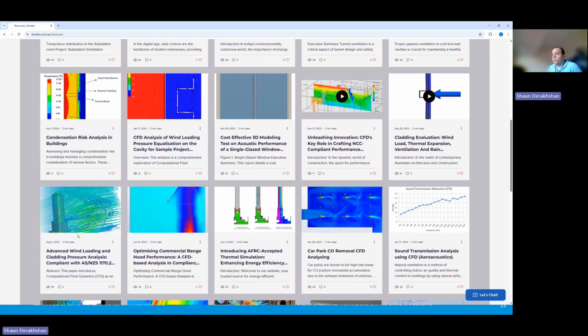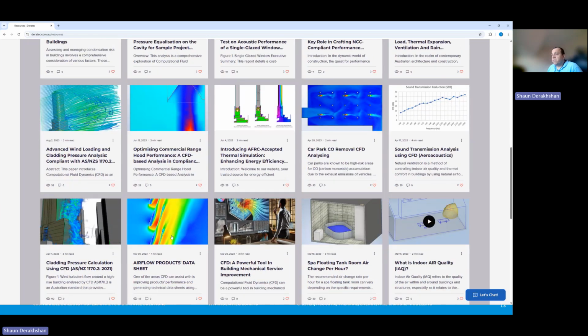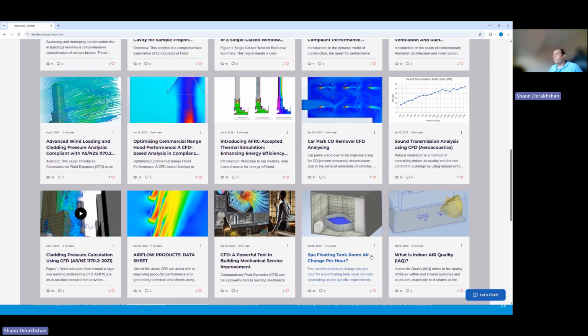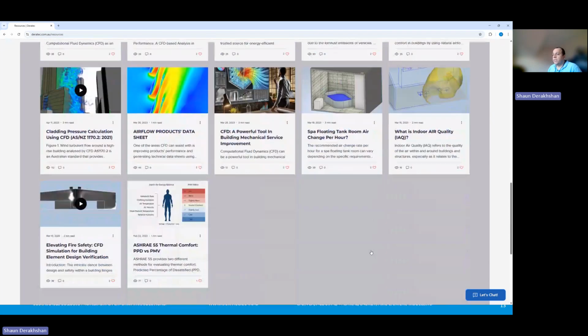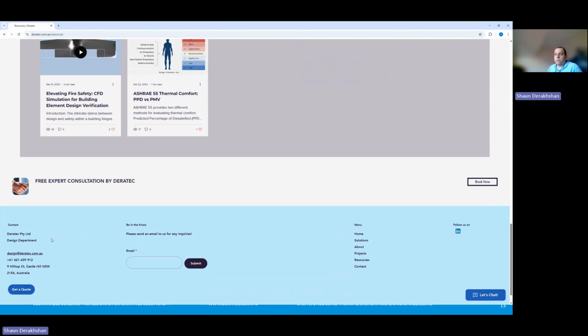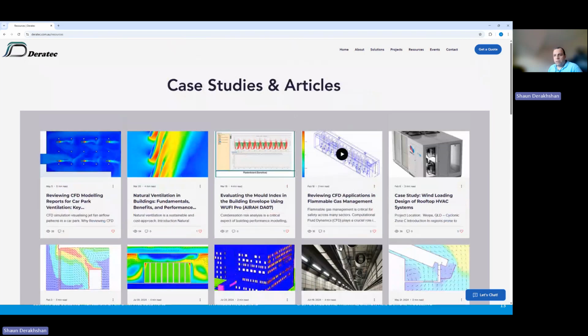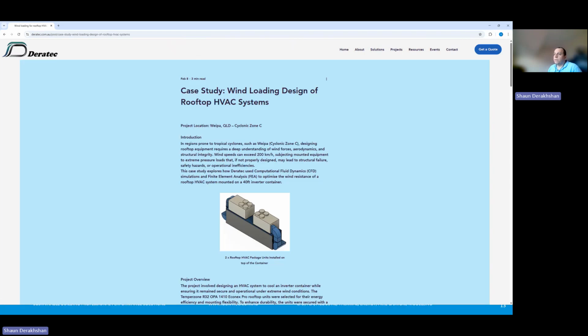Wind loading approach, natural ventilation, again here, 1170. You can find case studies, and always feel free to reach out with this information, design@duratech.com.au or phone number.